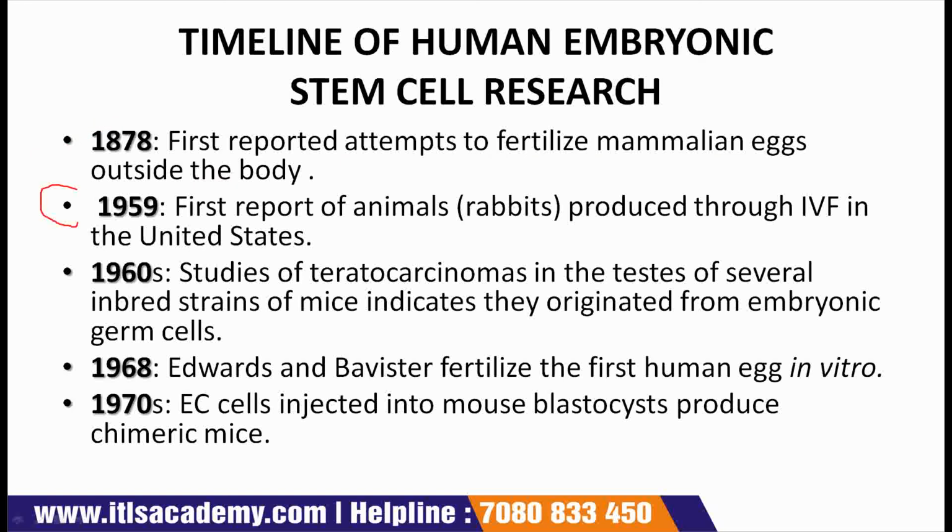In 1959, the first report of an animal, a rabbit, produced through IVF, in vitro fertilization, that is outside the body, in the United States. So the first animal production outside the body was done in 1959.